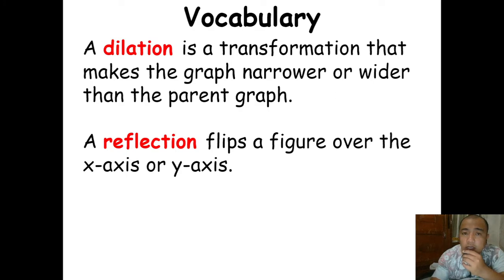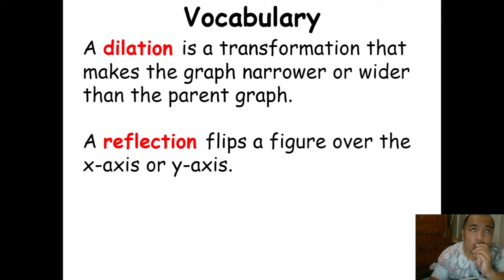What is a dilation? Dilation is a transformation that makes the graph narrower or wider than the parent graph. So we have learned from the previous session that the greater the absolute value of a, the narrower the graph, and the smaller the absolute value of a, the wider the graph, right?